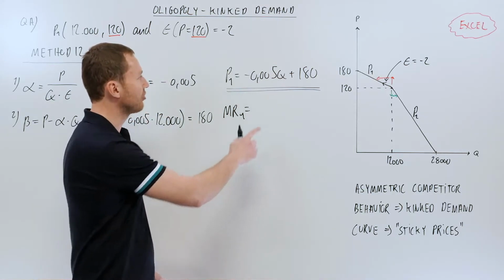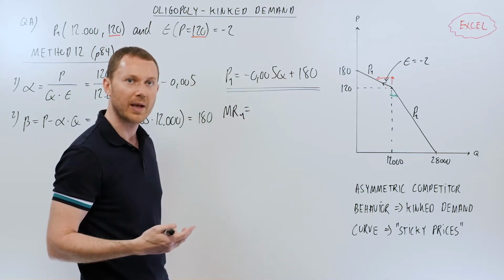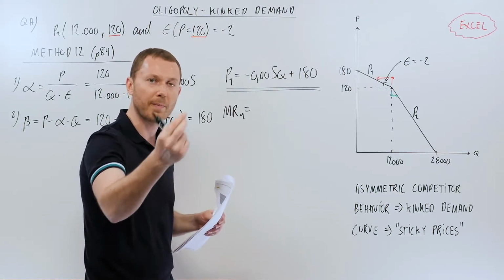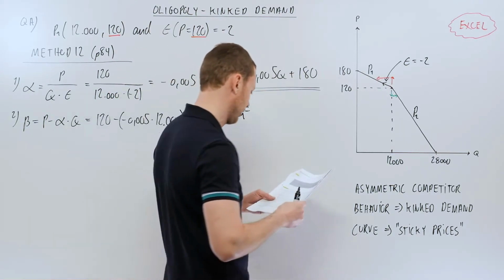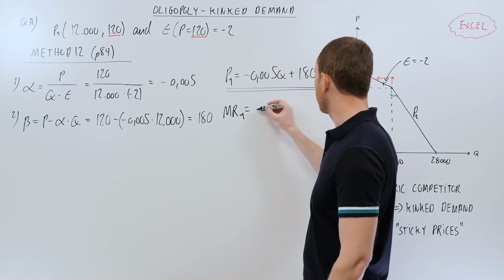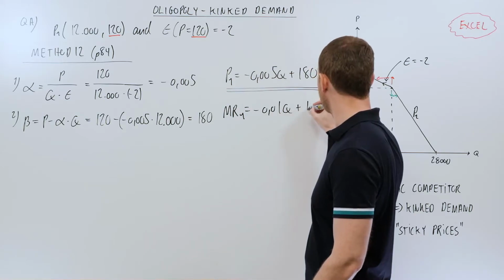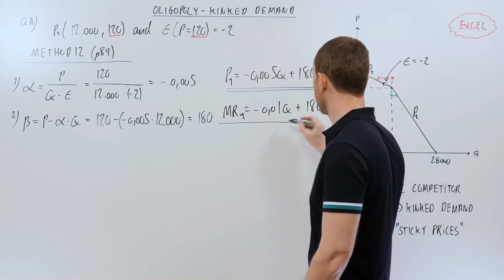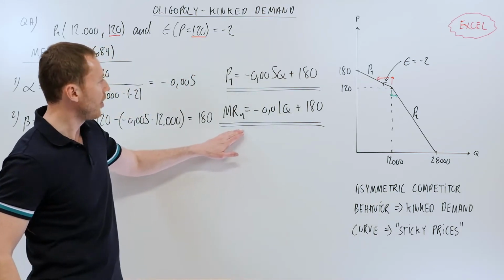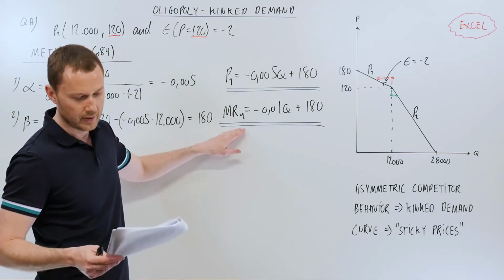So here I just multiply the slope by 2, but you could also do it the difficult way of first multiplying by Q and then differentiating. That's up to you. So down here, we get minus 0.01 Q plus 180. So this is our marginal revenue 1.